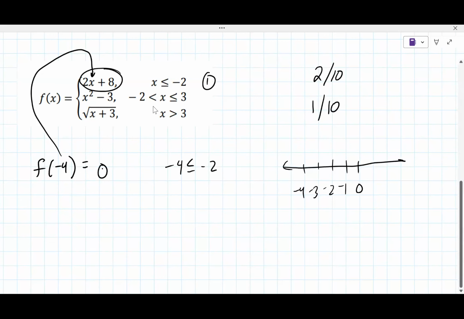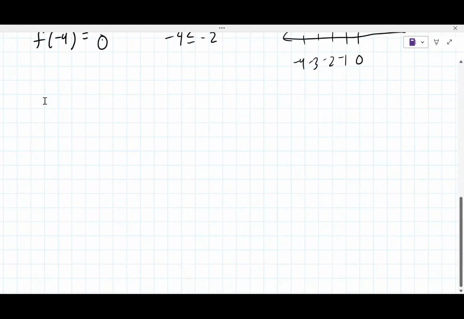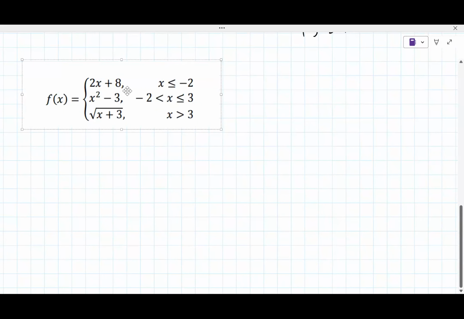Okay, let's look at this again. Now let's find f of 0. So you first have to decide, is 0 less than or equal to -2?